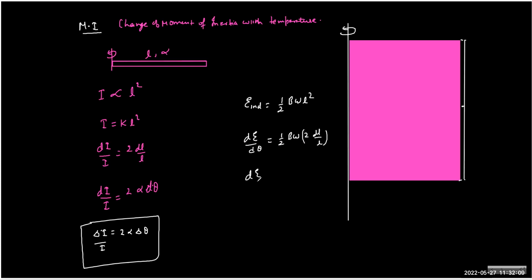So now I can also find the rate. So 2L into dL by d theta, the differentiation. And now we can say that the induced EMF will be a function of temperature.